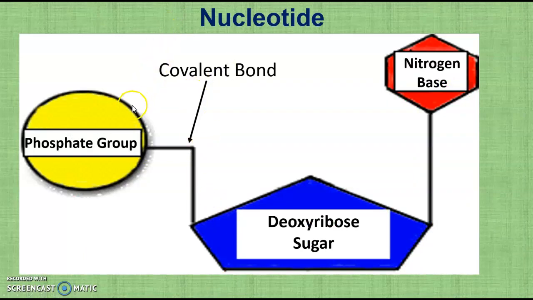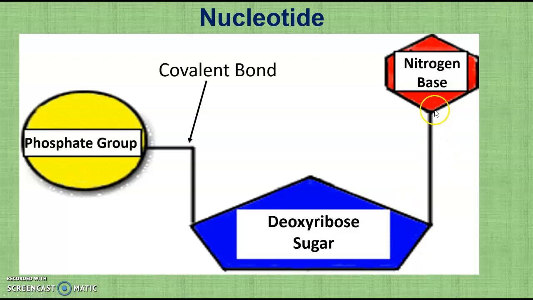A nucleotide is made of a phosphate group, which is this phosphorus and oxygen, connected by a covalent bond to this deoxyribose sugar. These two parts make up what's called the backbone of a nucleotide. So if you were looking at this in terms of a ladder, this would be the sides of the ladder.